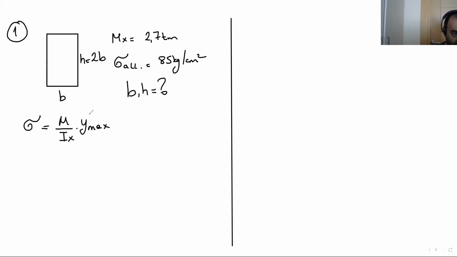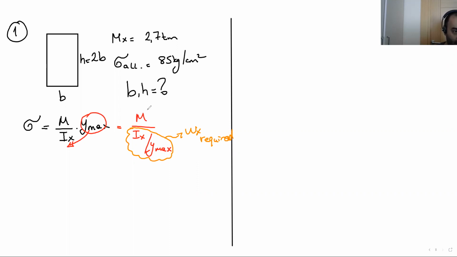If we take this down to here, we will see M over Ix over y max. This is the Wx, which is required. So we are going to calculate this part, required Wx, then we will decide dimensions.